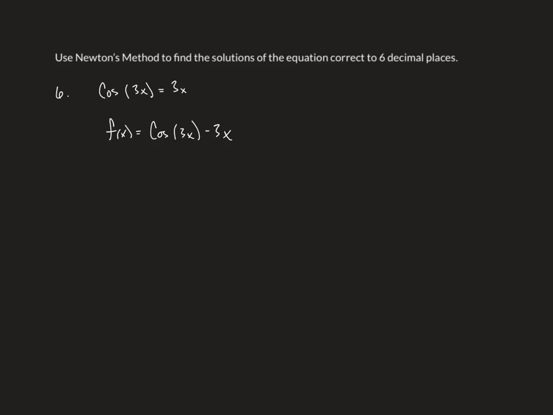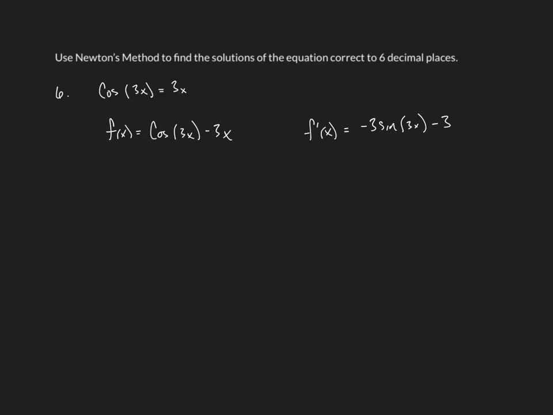So if that's the case, remember in Newton's method we're going to need to use the derivative of your function as well, because Newton's method requires both of those things. So the derivative of cosine is negative sine, and there's a chain rule there. So the derivative of f of x is going to be negative 3 sine of 3x minus 3.